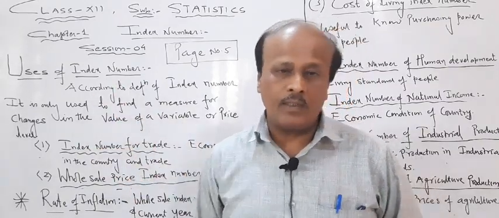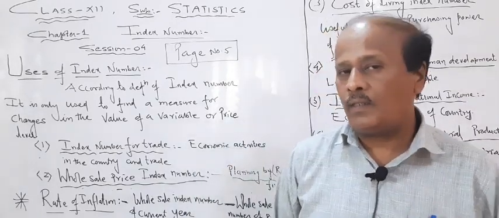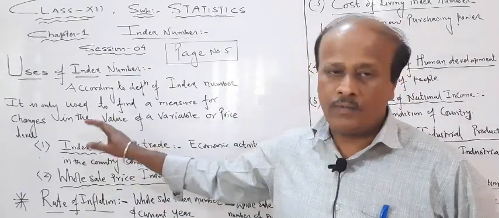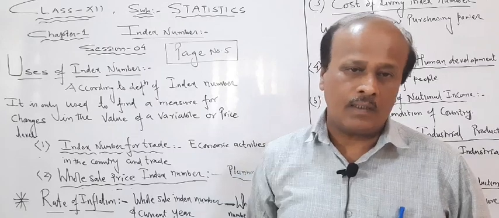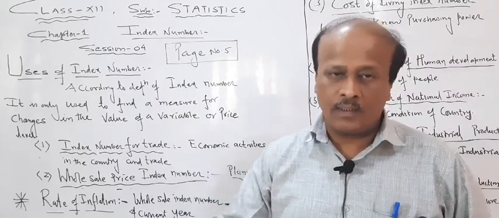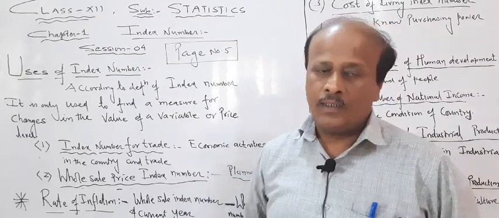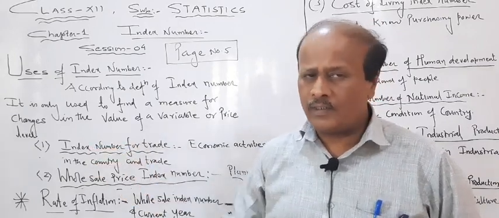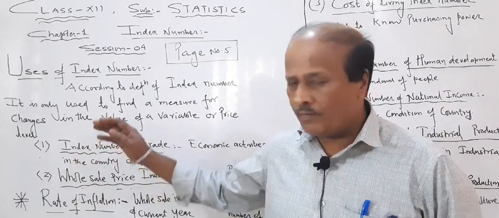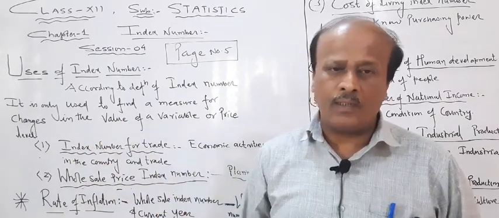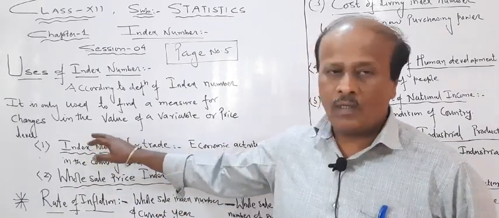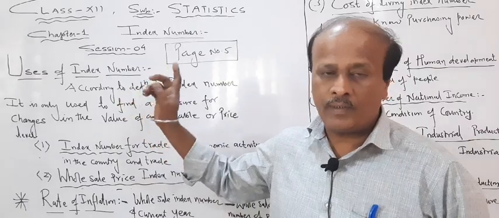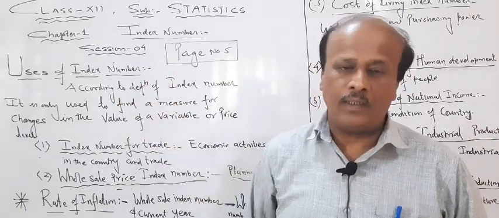Once more I am repeating the meaning and definition of index number. Any number which tells you the changes in the market value, changes in the economic condition of a country, changes in the prices of any item, that is called index number. But when we go through the uses of index number, then you will come to know the important role played by the index number in our economics.